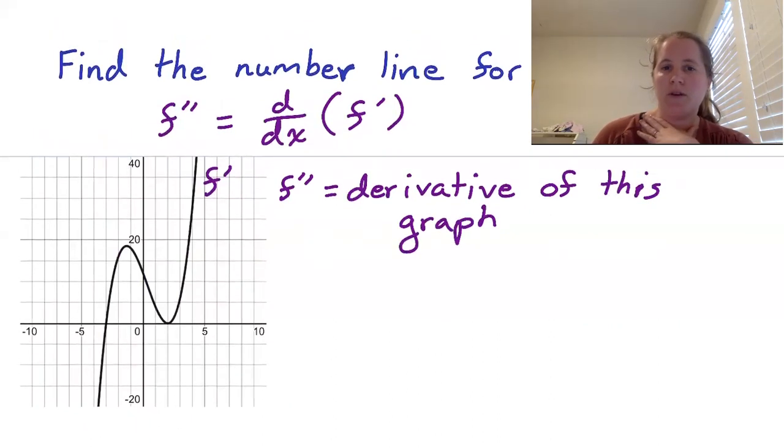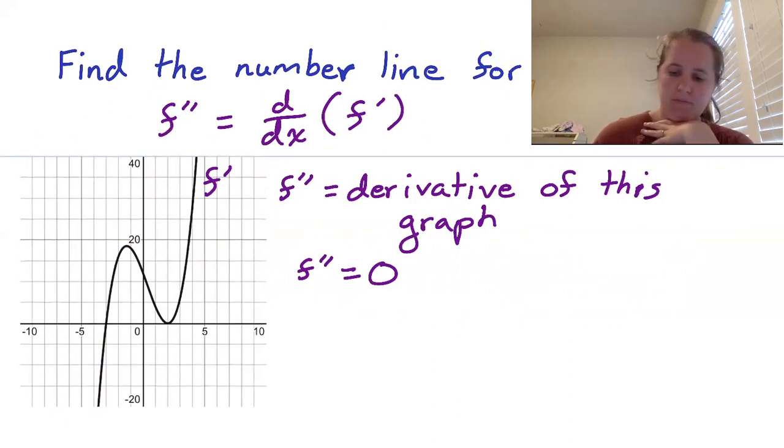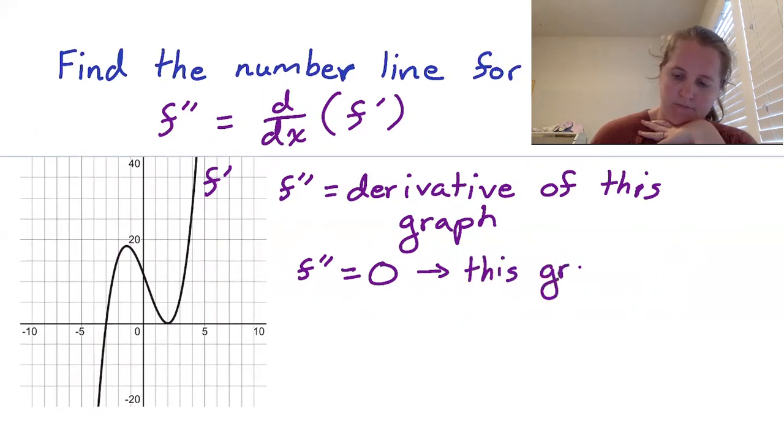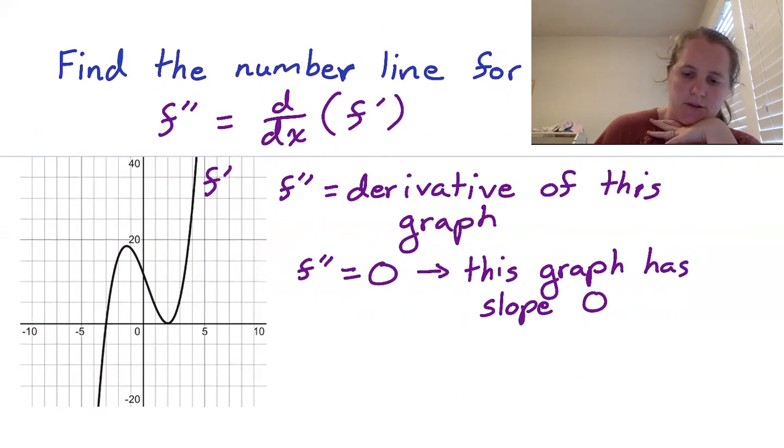If we want to know where the second derivative is 0, we are looking for where this graph has slope 0. That's where it turns around here and here. So we have slope 0 somewhere around x equals negative 1.5 and at x equals 2.